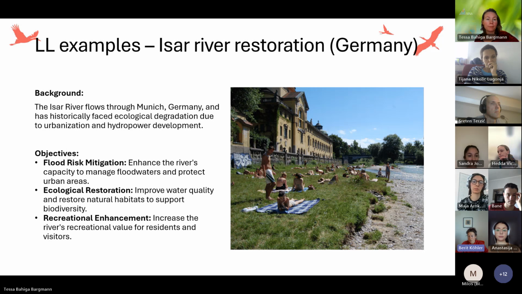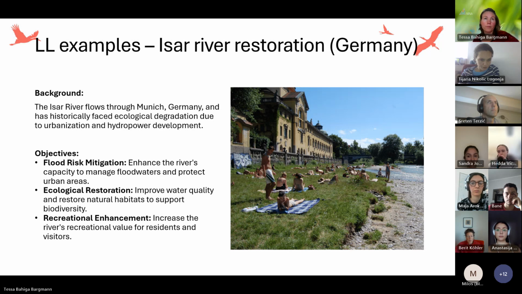And you might have heard of it before, but the background here was that this rather large river flows through Munich, the city center, and has historically faced rather harsh ecological degradation due to the urbanization pressures and also hydropower development.